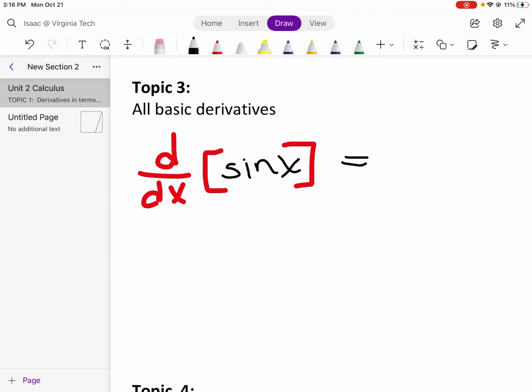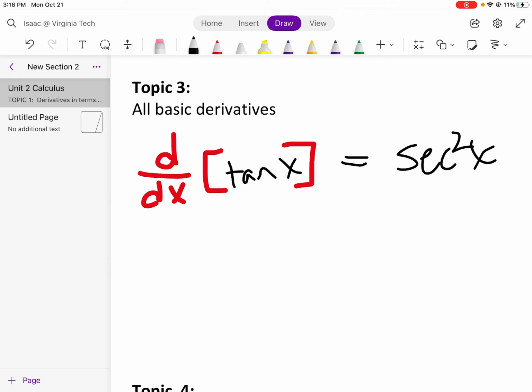The derivative of sine of x is cosine of x. Just remember you would have to use chain rule if there was something other than x in there. The derivative of cosine of x is negative sine x. The derivative of tangent x is secant squared x.